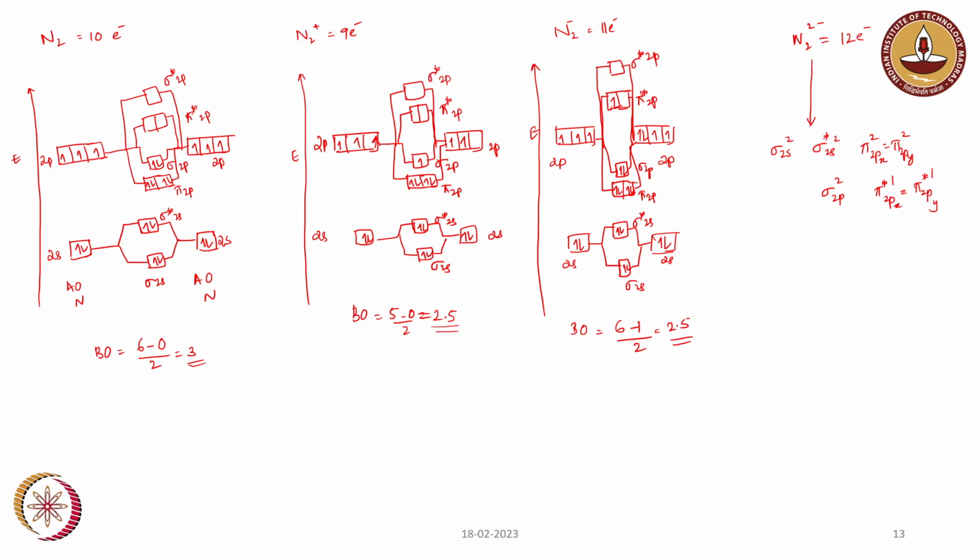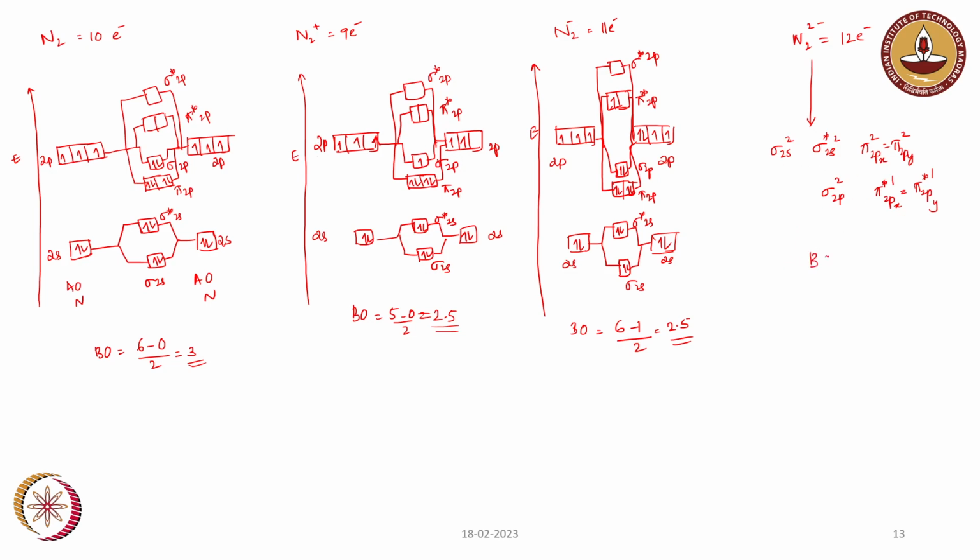We can count it: 2, 4, 6, 8, 10, 11, and 12. So a total of 12 electrons in N2 2 minus, arranged in this order.